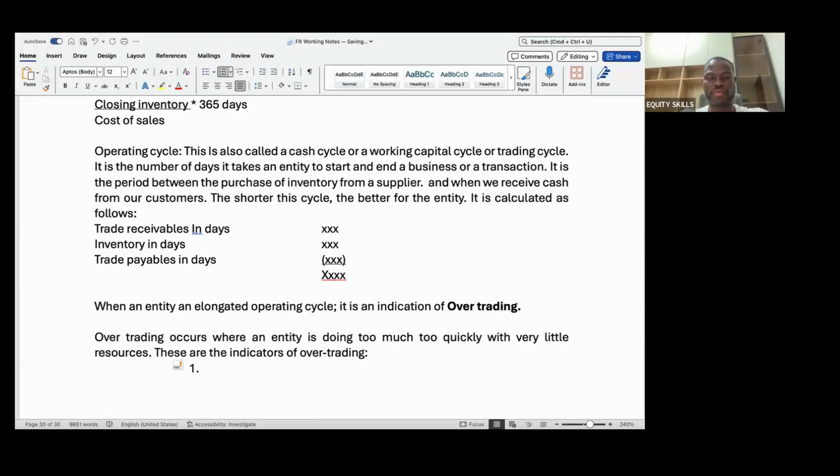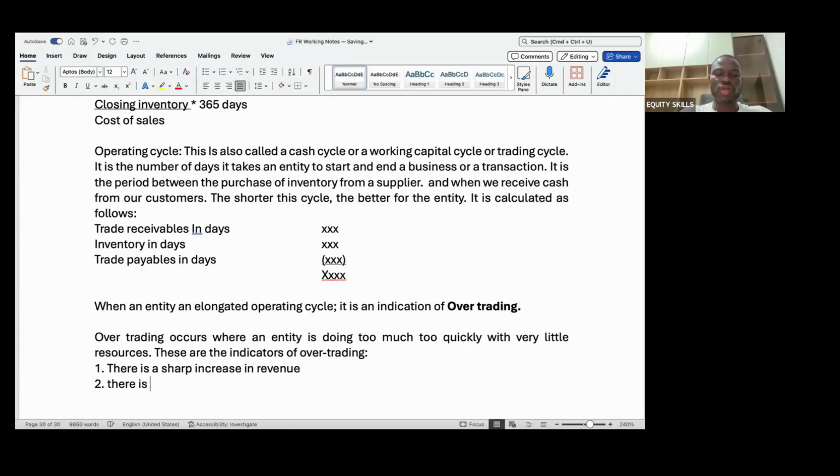Number one, this is what shows that an entity is overtrading. Number one is there is a sharp increase in revenue. So you see in a year, the revenue can just increase by times 10, like a ridiculous increase in revenue.